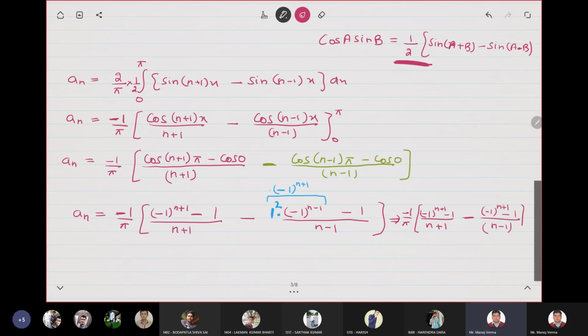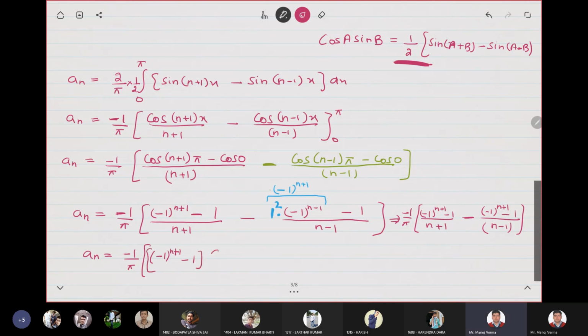Okay. So if I solve this now, this will become minus 1 over pi. I am taking the numerator common because this is same in both the expressions. So if I take the numerator common, minus 1 raised to the power n plus 1, minus 1.